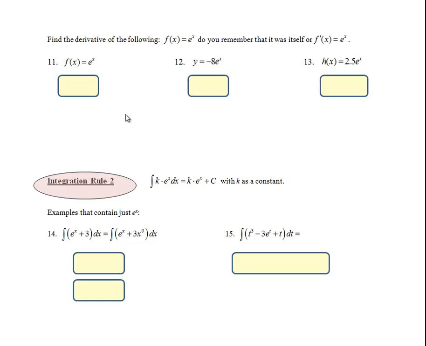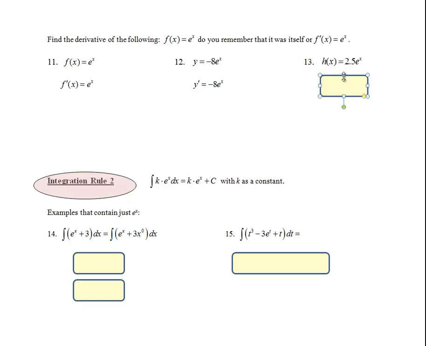And this one is not that bad. So in this one, if this is my original function, my derivative of this should be e to the x. This one, my derivative should be y prime equals negative 8 e to the x.